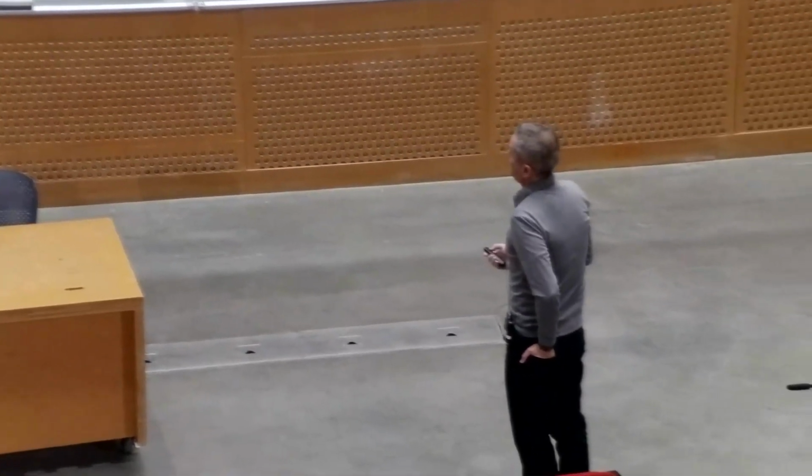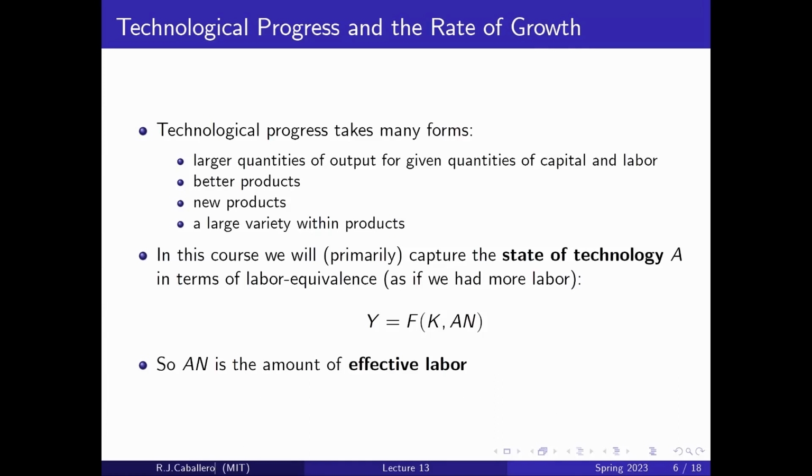And then we added technological progress, which we model as enhancing labor. Having a better technology is as if you had more workers. So for any given level of workers, having a better technology, we model as having more workers.